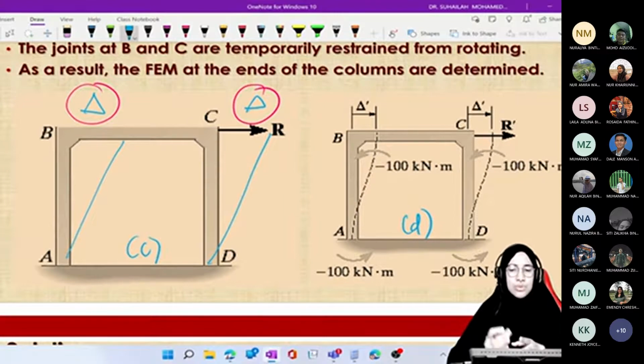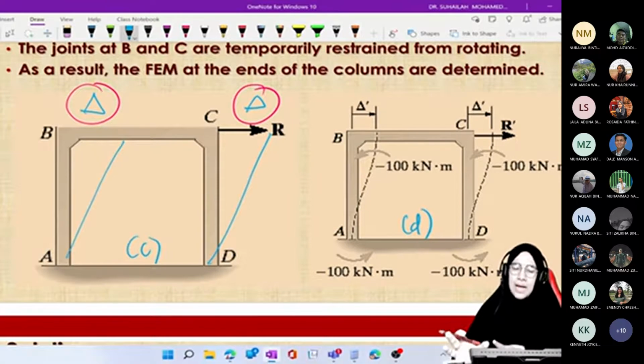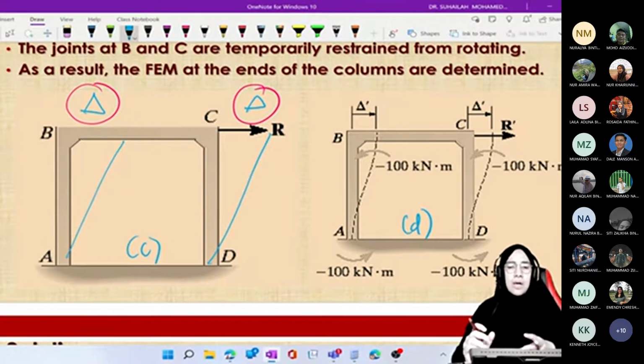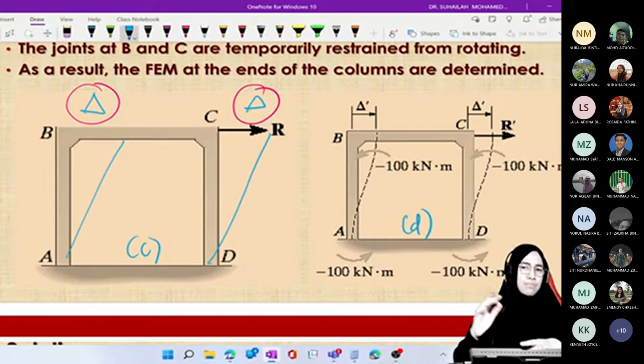Diagram D, the one beside it. This is another diagram, and we assume the same frame. See, it is the same, except the loading, the label and the symbol.